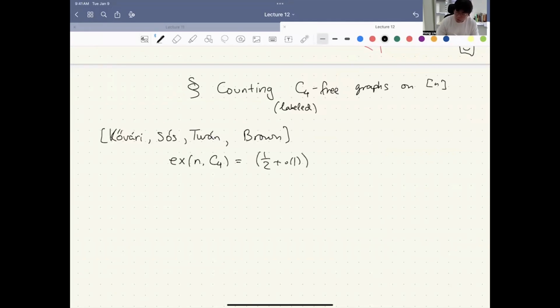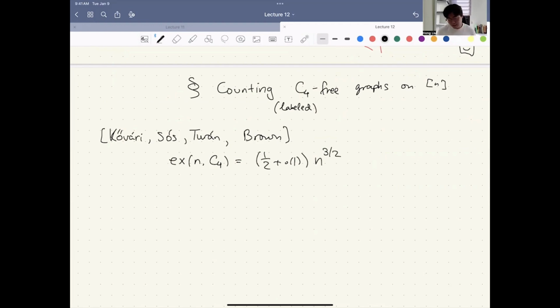More accurate exact numbers for certain values of n were also determined by Füredi. But let's just look at this asymptotic one.